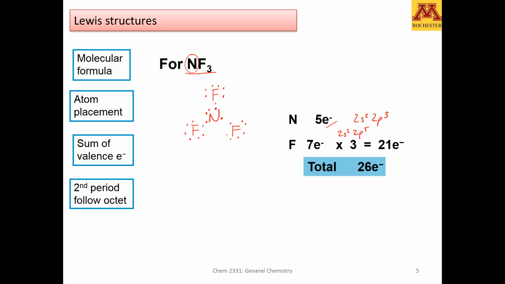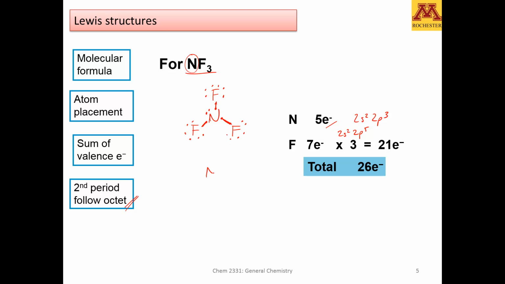Notice that because all of the elements belong to the second period, nitrogen and fluorine, we want all of them to follow the octet. So we want 8 electrons each. This means that nitrogen, having 5, needs 3 more, which it can gain from 1 fluorine, 2 fluorines, and 3 fluorines. So there you go.